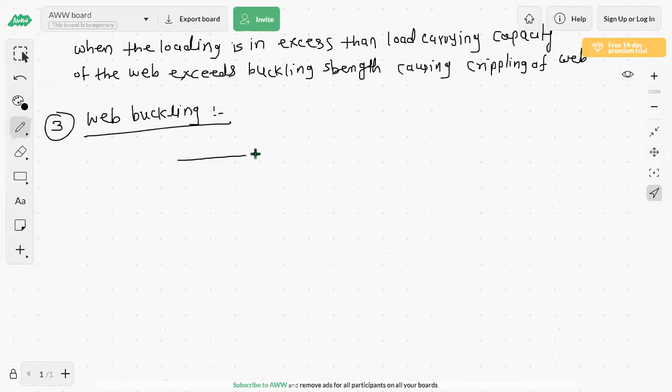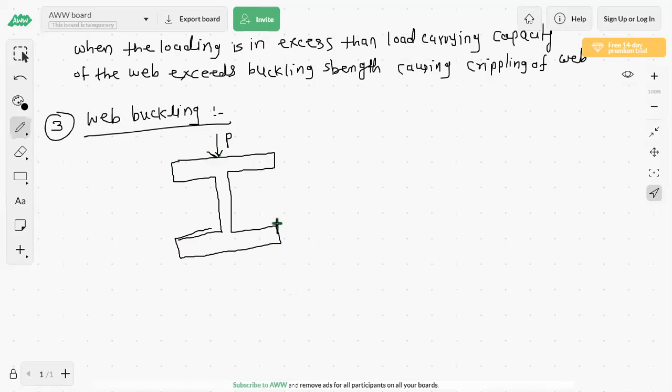So how does the web buckle? This is the I section. Generally for a steel beam, we use the I section. This is your I section, and this is the external applied load on the beam.